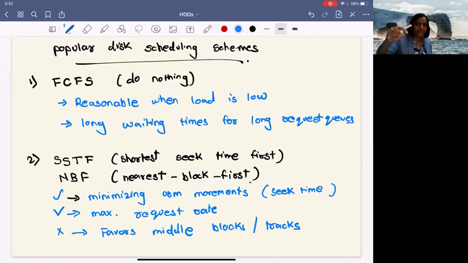Once your head comes to any middle track, because you have one track above and one track below, it's highly likely that you would just be serving the tracks and blocks in that center range, neglecting the outer tracks as well as the innermost tracks. So it's not fair. And in an extreme case, this could lead to the problem of starvation.